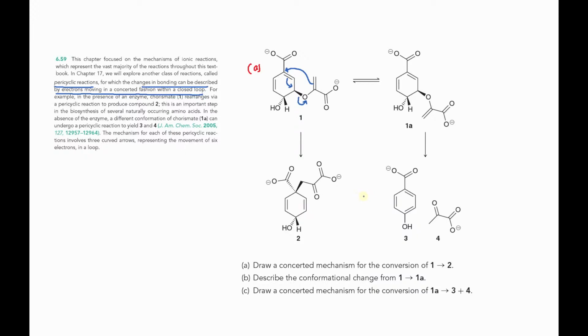And then to answer part B, it asks the conformational change from 1 to 1A. Remember, the conformational change is usually the change via a single bond between the carbons and any other element.